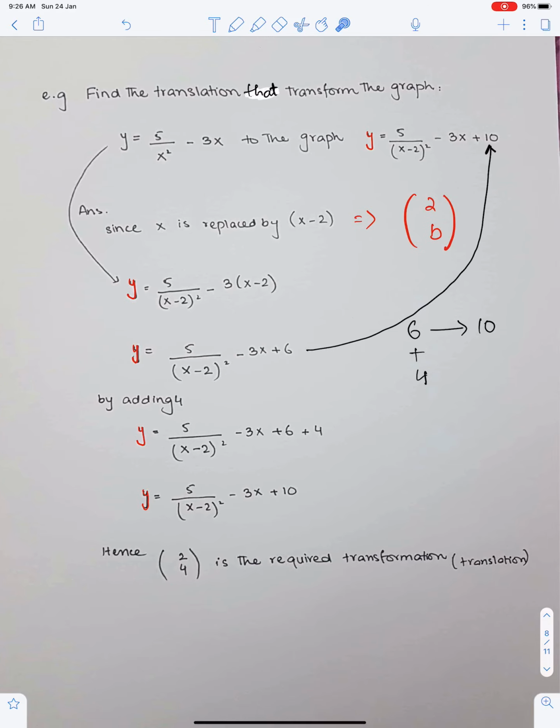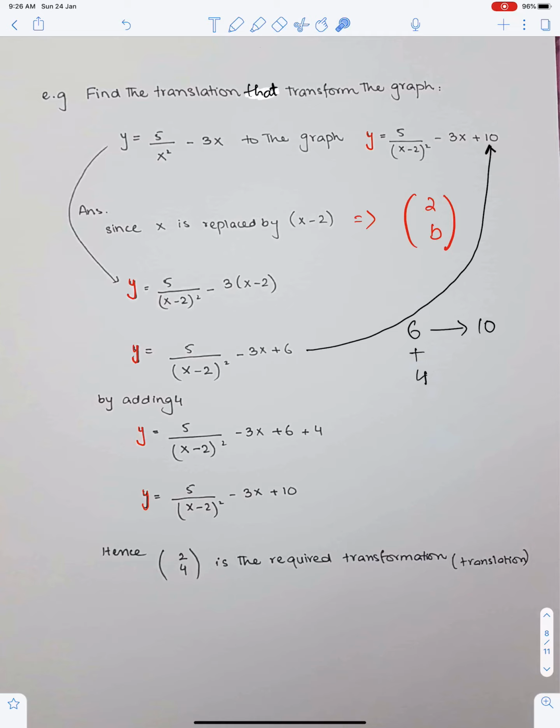Example number 2: find the translation that transforms the graph. This is very important. We have to find the translation vector. By observing these two equations carefully, you will see that x is replaced by x minus 2. Therefore, the horizontal component of the translation vector is 2. We cannot get the vertical component directly.